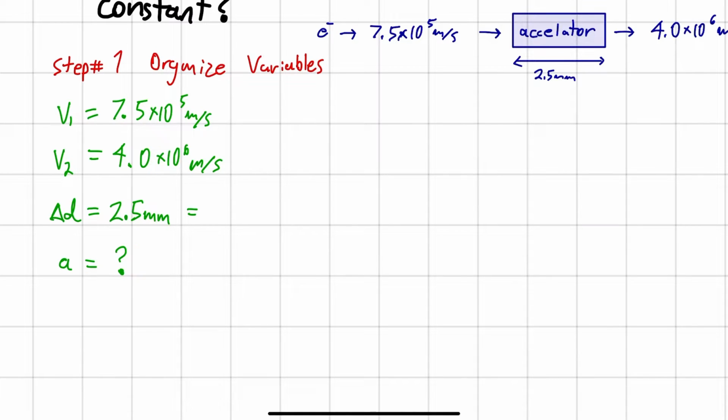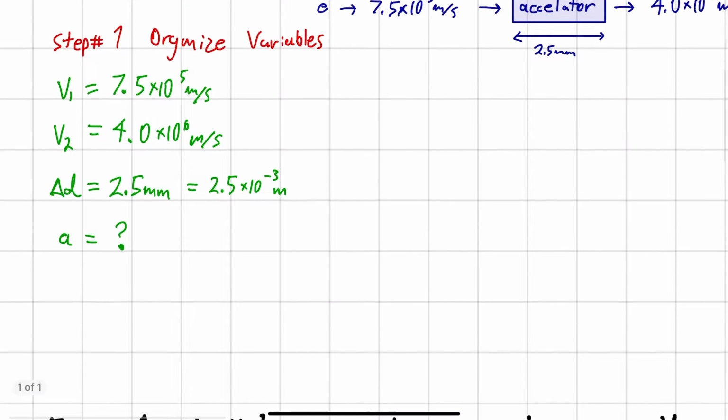That'll make our solution easier, and it'll make it accurate. So whenever you see these millimeters, you want to convert them into meters. So the conversion from millimeters to meters is times 10 to the negative 3 meters. And that will be the value we're going to use further into the problem.